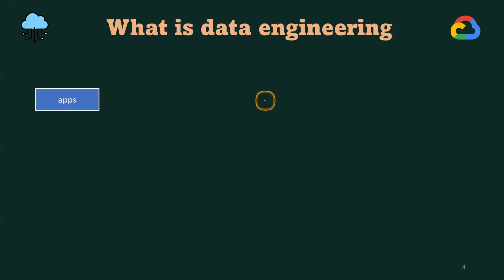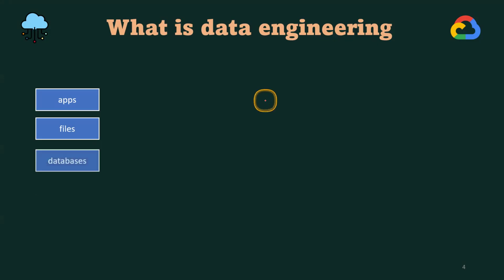So you have data that is coming from some applications. You may have data coming from some file formats, maybe a CSV file, a JSON file, a Parquet file, or any other file format. Or you may be getting data from some databases such as SQL Server, MySQL, or PostgreSQL.